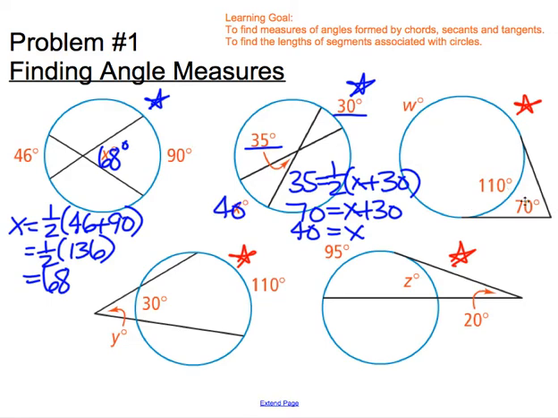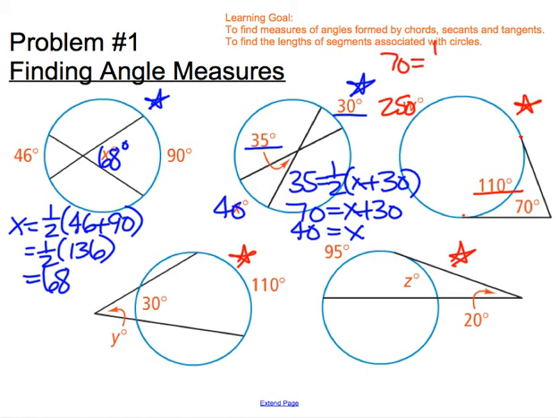This question on the top right is probably one of the easier questions on the entire page. Since we're dealing with an intersection that is now outside of the circle, and we're dealing with tangent lines here, in other words lines that touch the circle at only one point, we have two arcs that make up the entire circle. So we can take 360 and subtract the 110 and find that W is in fact 250 degrees. Now we can confirm that with the formula.